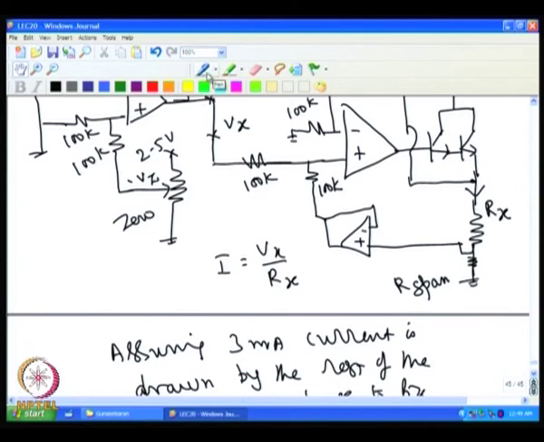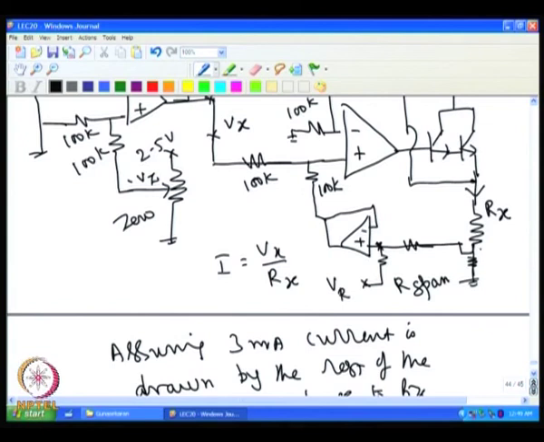One possibility is that one can have a large resistance here, and then put this to V reference. So, the voltage at this point, taking this as a large resistance and this as a very small resistance, is contributed by two factors.